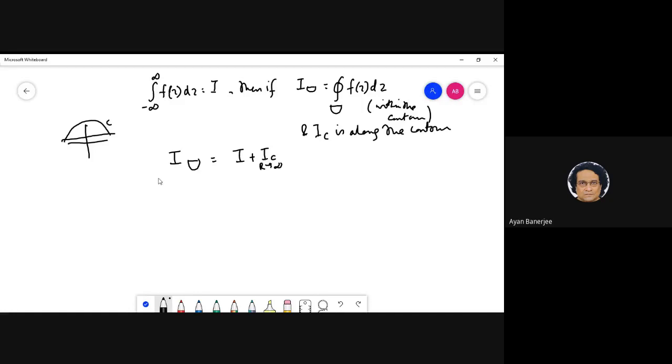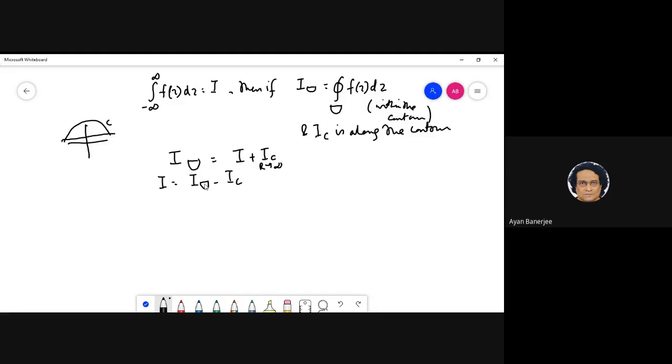If my intention is to solve this integral, then it is nothing but I along the whole contour minus I_C, evaluated as R tends to infinity. We know the solution of this because it is given by the residue theorem.